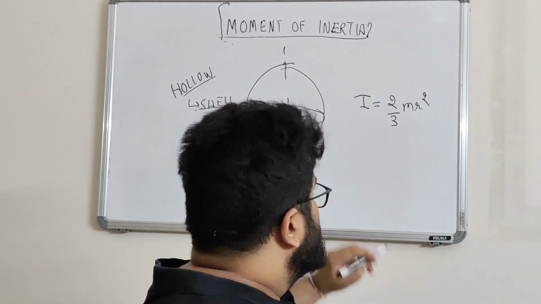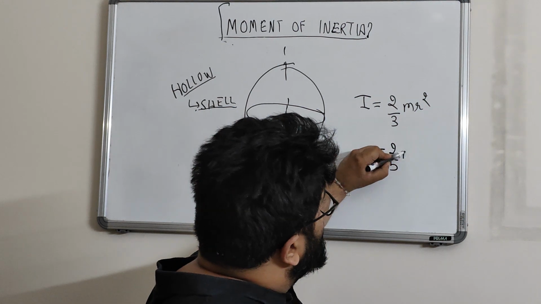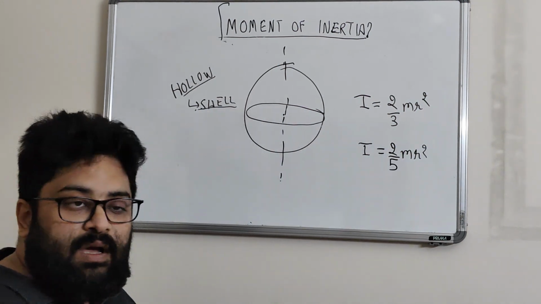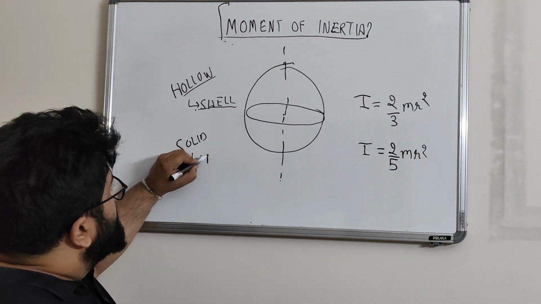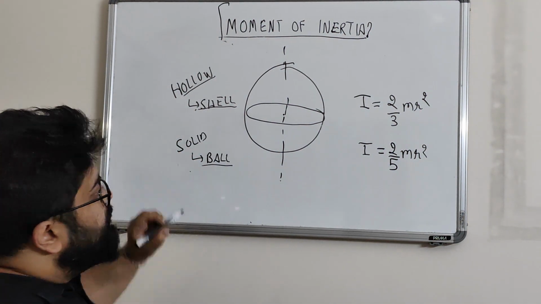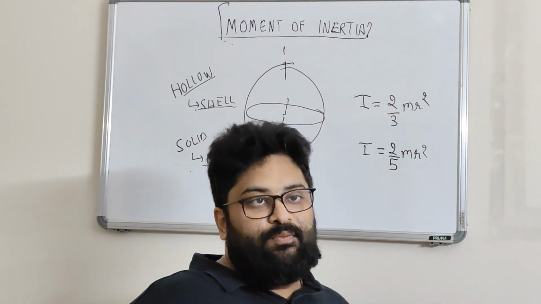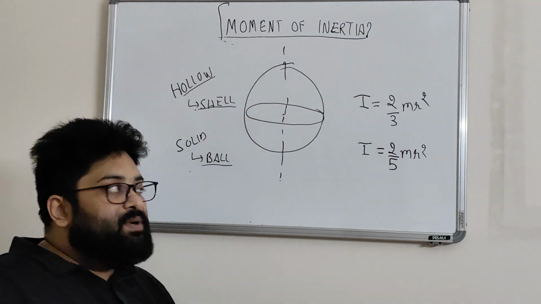For a solid sphere, this formula becomes 2 by 5 mr square. A solid sphere can also be called a ball in terms of the exam. A ball may not necessarily be solid, but for this exam, it's referred to as a solid sphere.